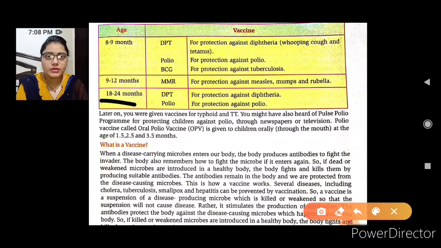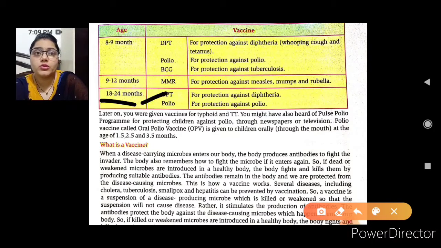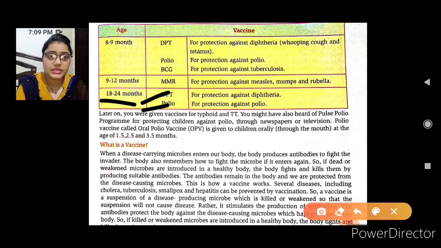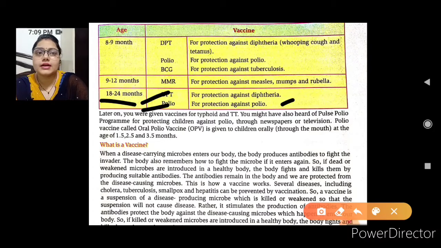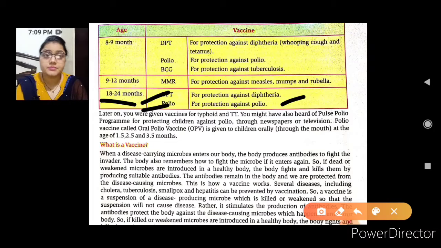Next one is for 18 to 24 months, when the child is growing up to the age of 2 years. For that, DPT and polio, again these 2 vaccines are given to a child, beta, for protection against diphtheria and polio.